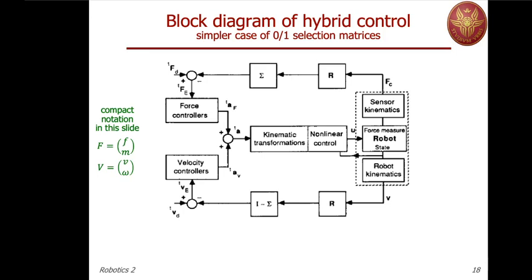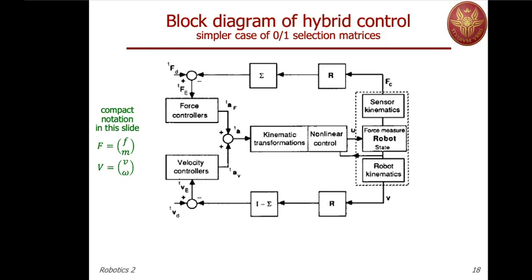natural quantities, no S, no lambda, nothing like this, because in fact the single components of the generalized force, which we denote here as capital F, so with a linear force F and torques M, and of the generalized velocity, which contains the linear velocity and the angular velocity, can be used for parameterizing the task.